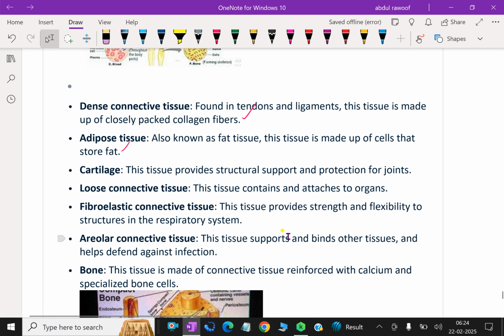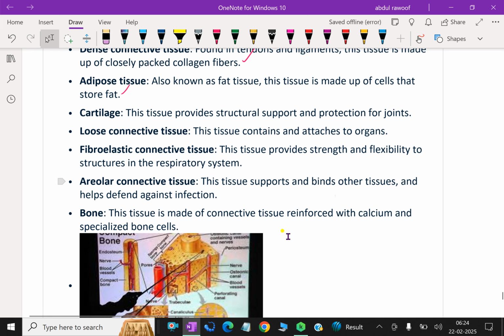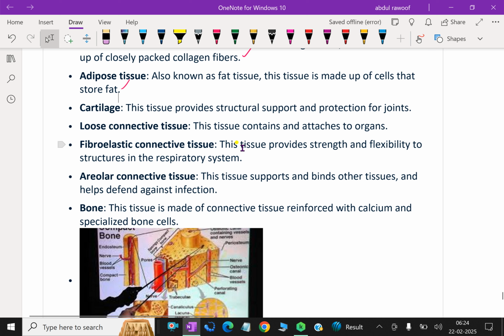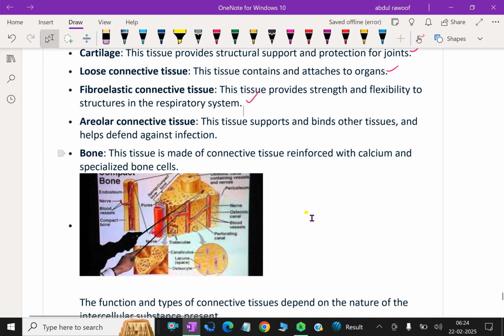Cartilage. This tissue provides structural support and protection for joints. Loose connective tissue. These tissues contain and attach to organs. Fibroelastic connective tissue. These tissues provide strength and flexibility to structures in the respiratory system. Areolar connective tissue.